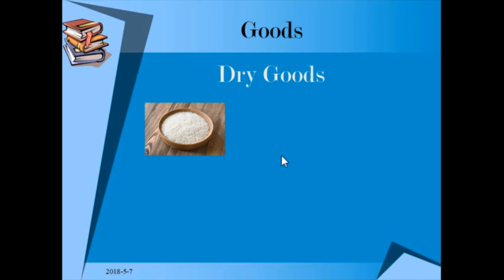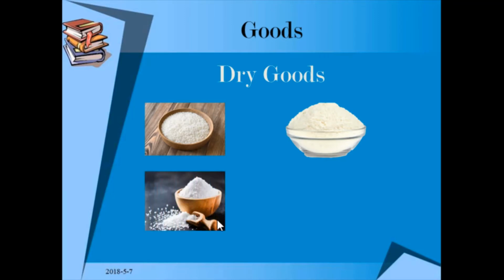We also have starch or flour. Flour is an example of a dry good. Salt. Sugar.